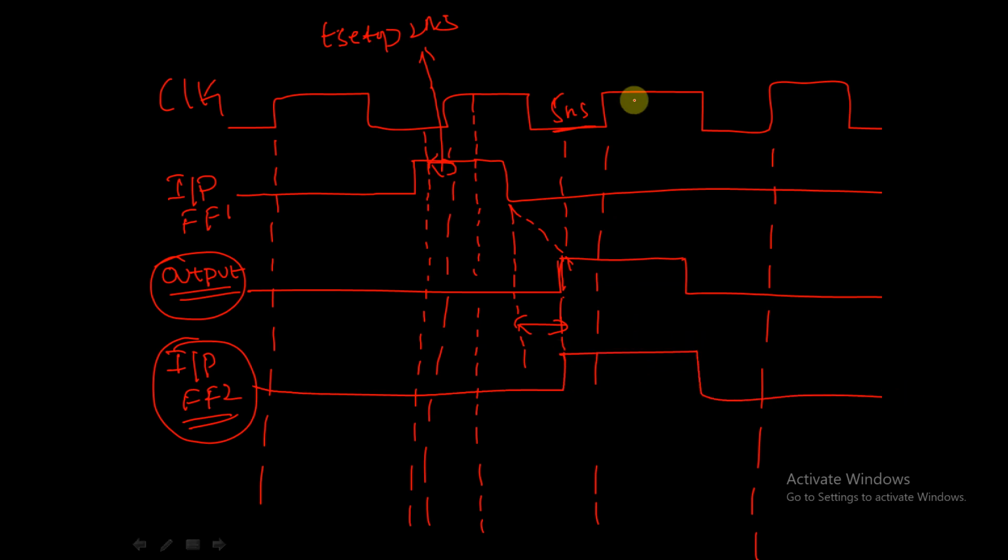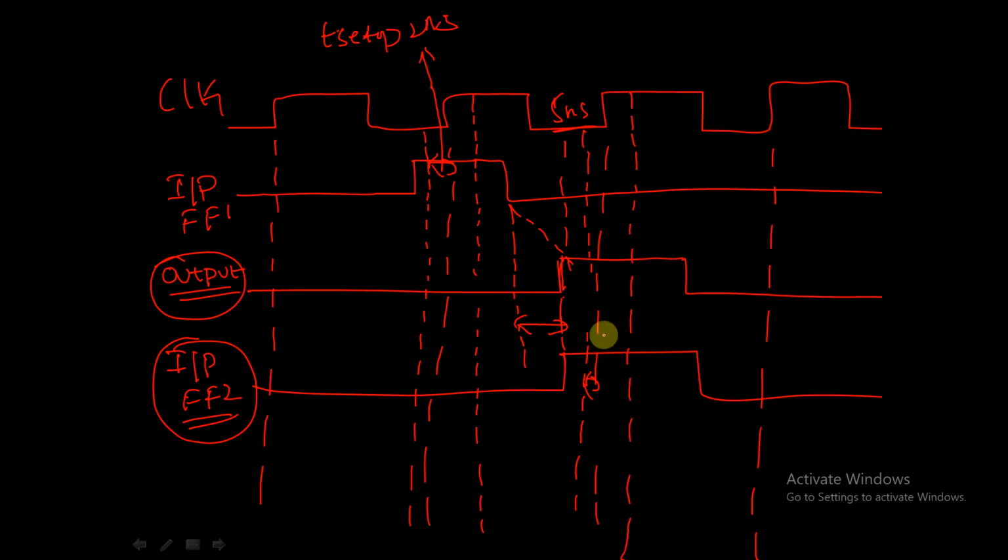So you can observe here, this is a clock, right? So this is the setup time. 2 nanoseconds is the setup time. You can observe here the input to flip-flop 2 is given before the setup time itself. Okay, so before the setup time it is given and it is stable during the setup time. And after the sampling also the input is stable.